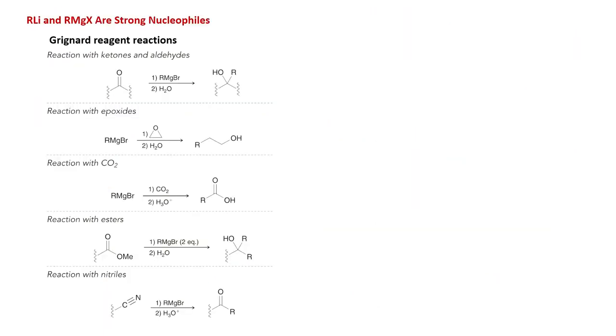Some other reactions of Grignard reagent. Your ketone reacting with Grignard reagent will give you tertiary alcohol. So this is the mechanism. This is your ketone. We know oxygen is a little bit electronegative, so it will give partial positive charge. It will create a carbocation here, and we can take methyl magnesium bromide.